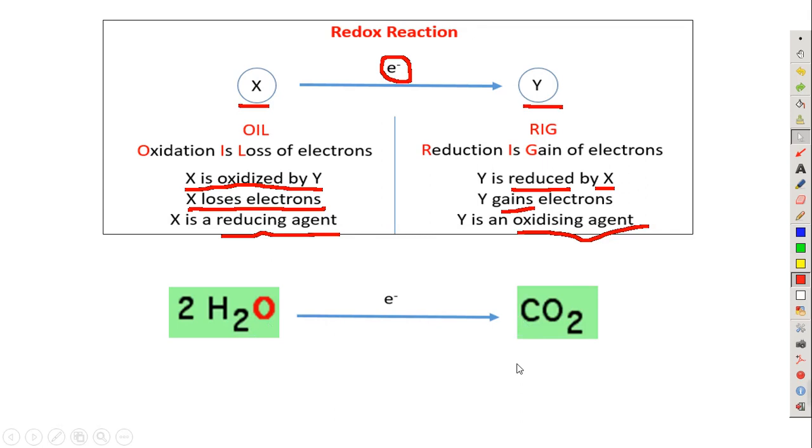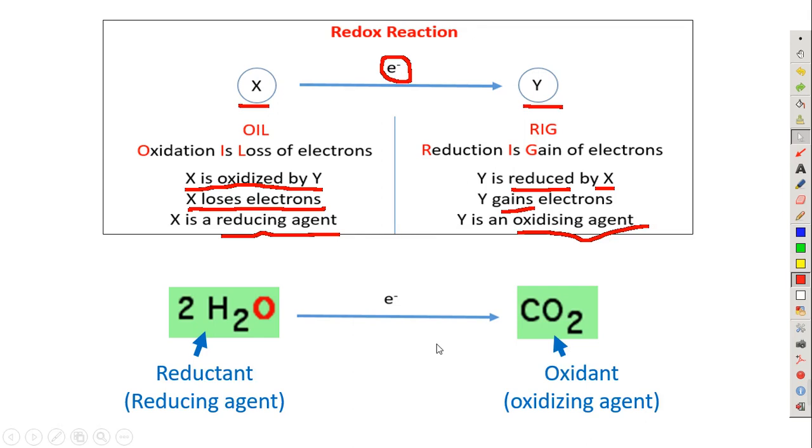In the process, water is going to be called a reductant or a reducing agent, and CO2 is going to be called an oxidant or an oxidizing agent. So this is the general thing. Water is going to transfer electrons towards CO2. So what we can do now is balance this and explain what's happening in plants.